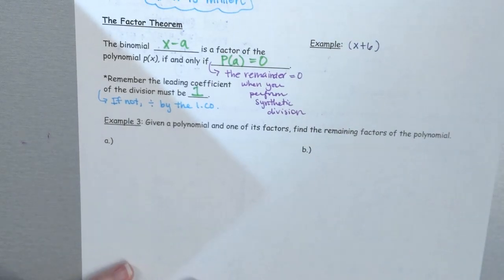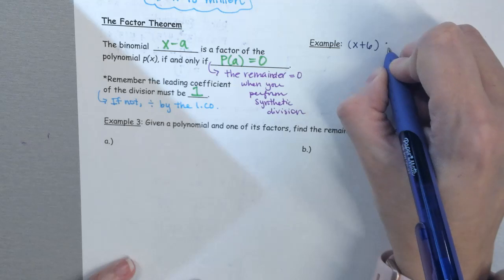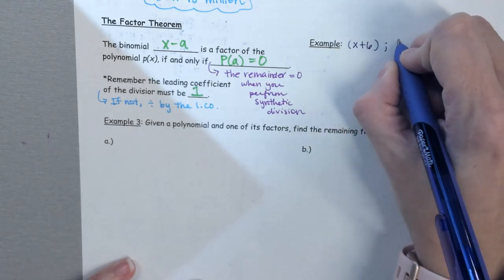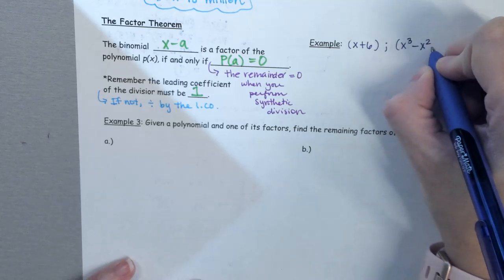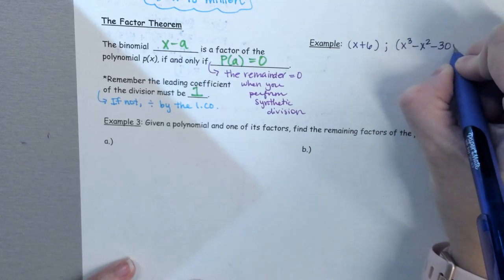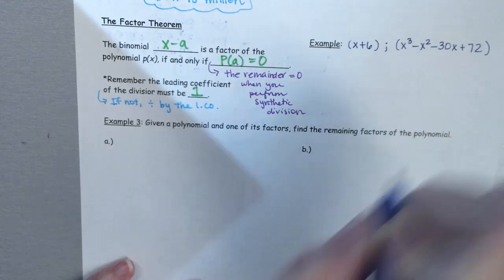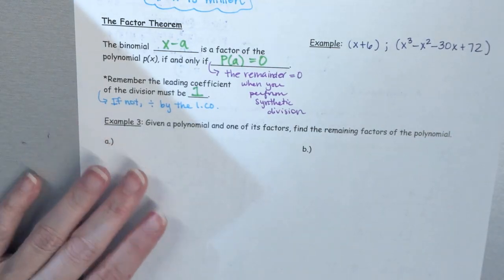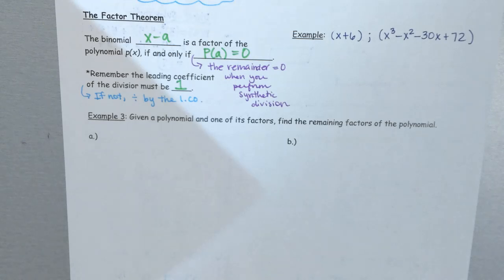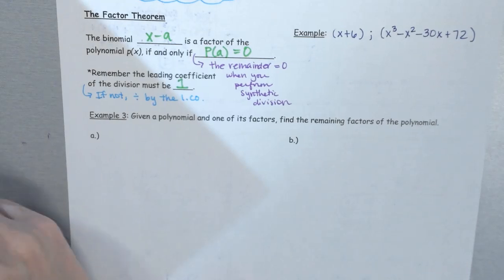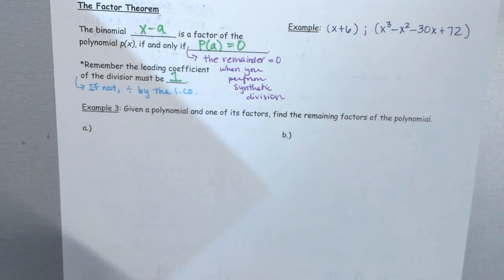Okay, so for an example, they'll give you like x plus 6, and then they'll give you a polynomial x cubed minus x squared minus 30x plus 72. Okay, so if you perform synthetic division, then x plus 6 is going to be a factor of the polynomial if the remainder is 0.